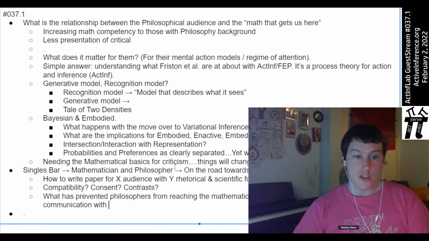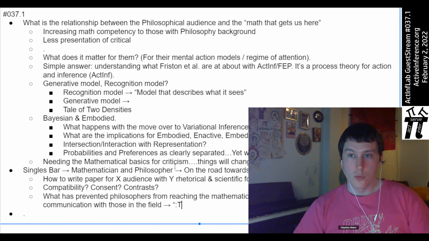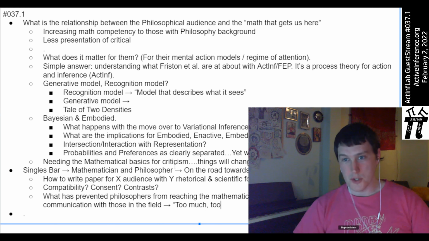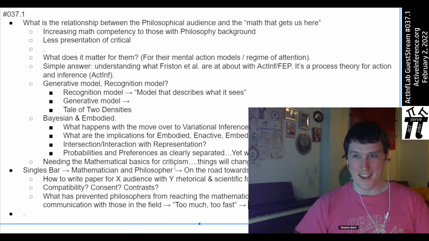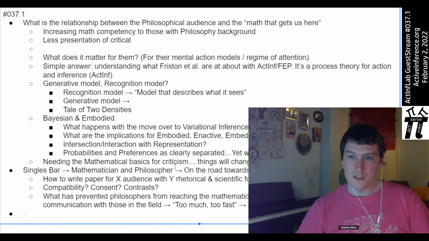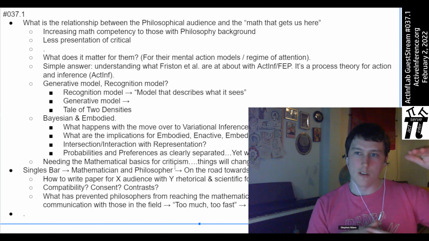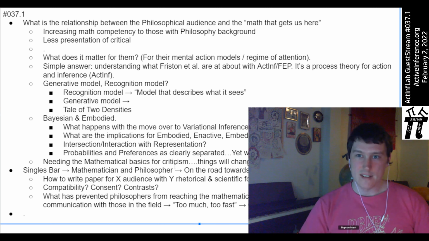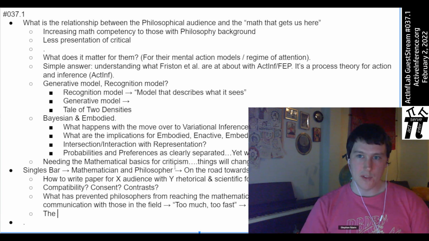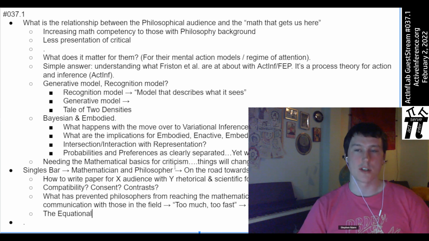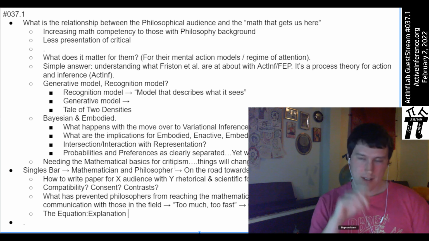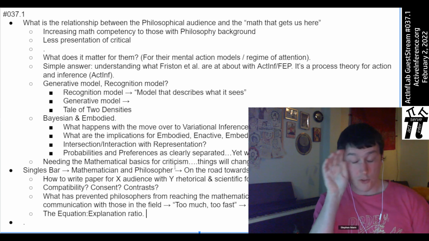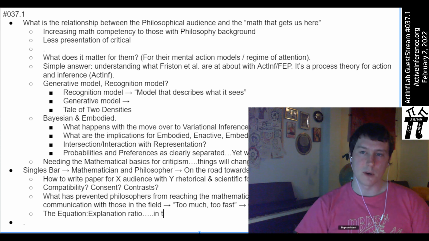So the only approach we could see that could remedy that was to go as slow as possible, and have a much heavier ratio of words to equations, and go into much more depth in explaining each equation as it comes along, rather than throwing it all in at once and then decomposing it.